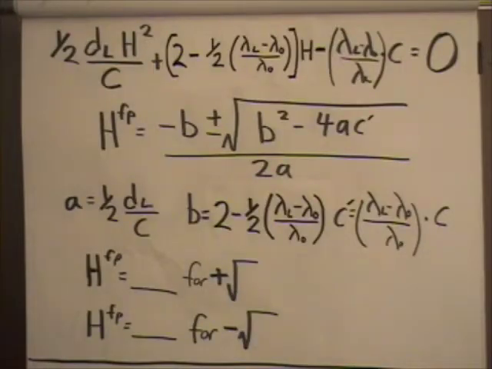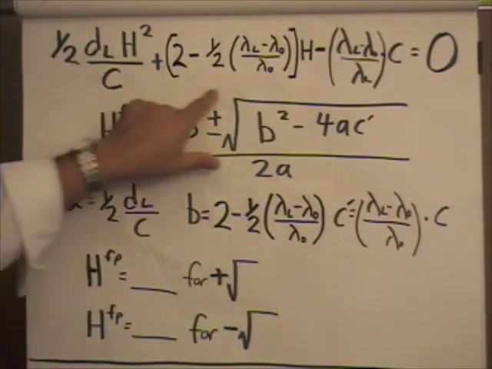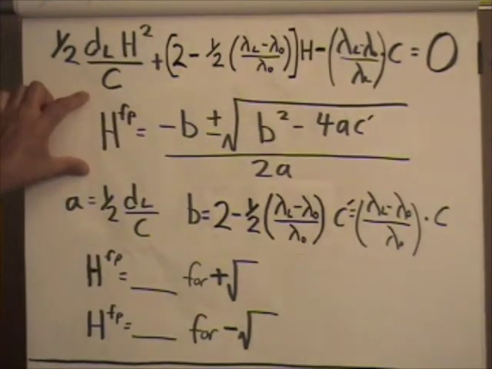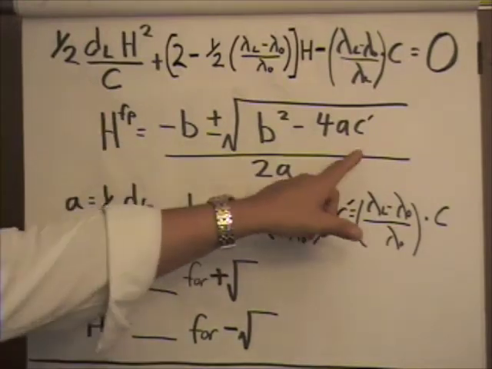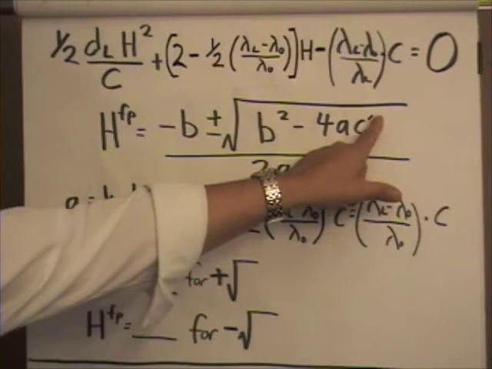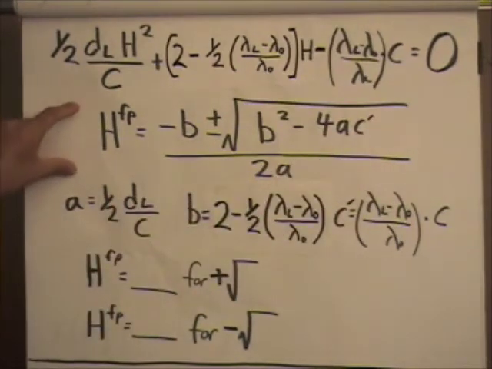And what we're going to find is that the equation converts into this, which is a standard quadratic equation. And this can be solved using the standard quadratic equation formula, which I've written here. I've just denoted c as c prime so as not to confuse it with c, the speed of light.